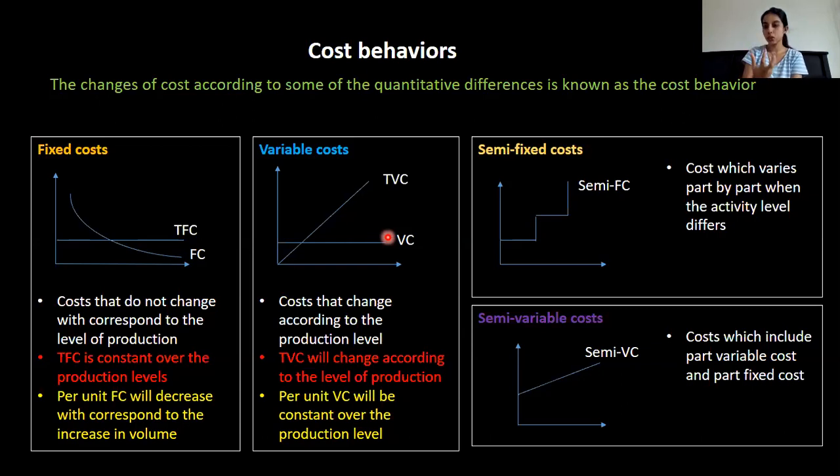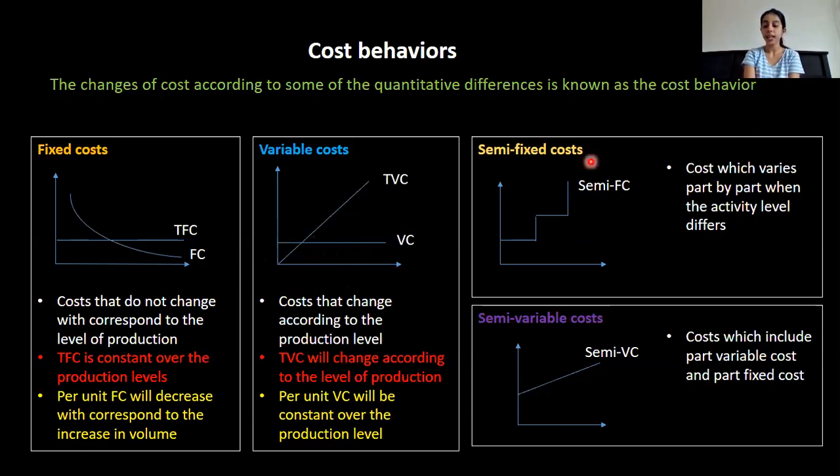The numerator is proportionately increasing, the denominator is also proportionately increasing, meaning the answer, the variable cost per unit, will be a constant. That is why you can see this flat curve, parallel to the horizontal axis, meaning variable cost per unit will remain constant over different levels of output.